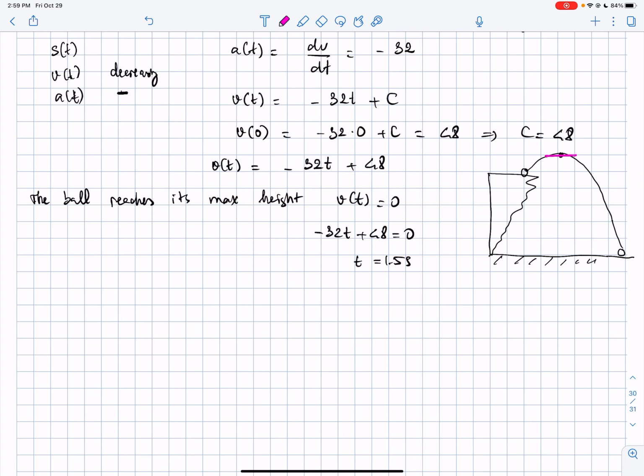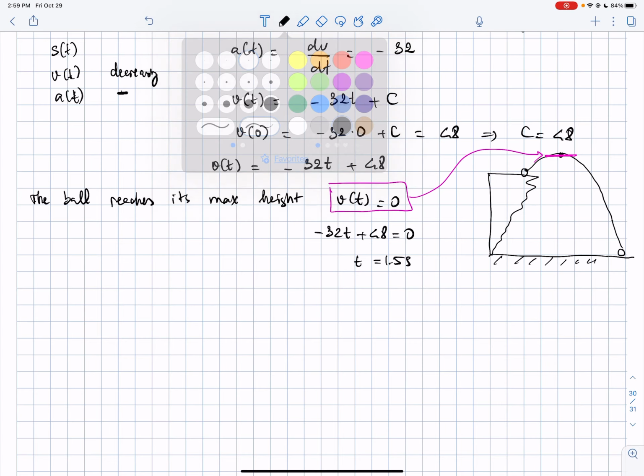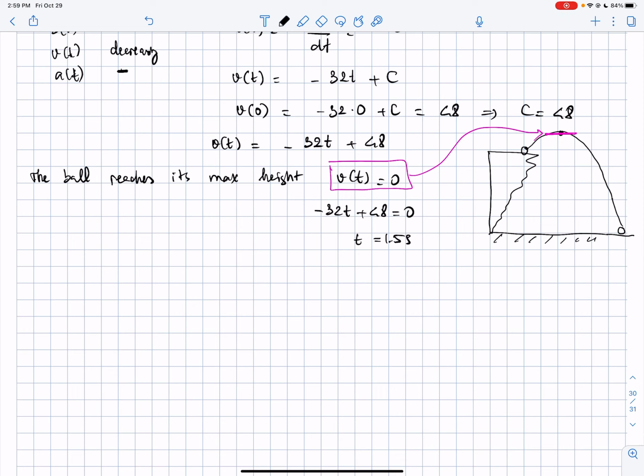The slope of the distance function is the velocity function, and the velocity function equal to 0 means the slope is 0. So we find t when the velocity is 0, which is 1.5 seconds.